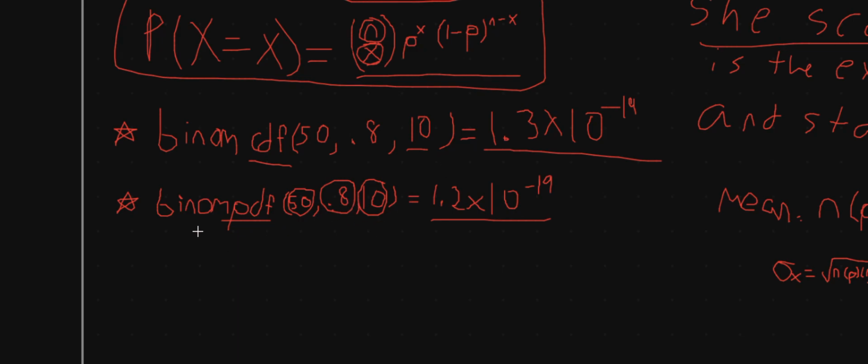Let's say College Board asks you, what's the probability that she scores at least 4 goals? Like you might be saying, well, 4 goals, but in this case, whenever they say at least, I cannot stress this enough. Kids would just do binomial CDF and put 4, but that is 100% wrong.